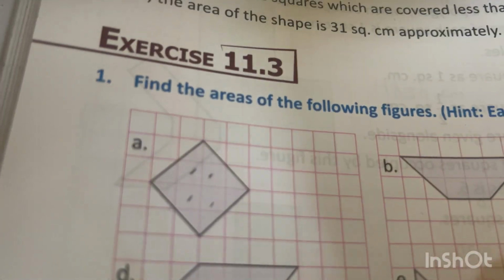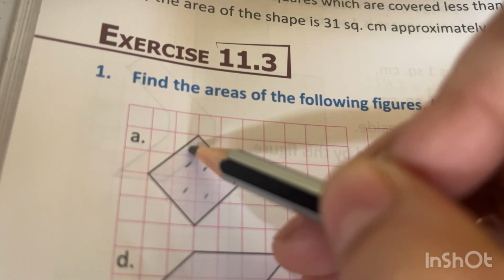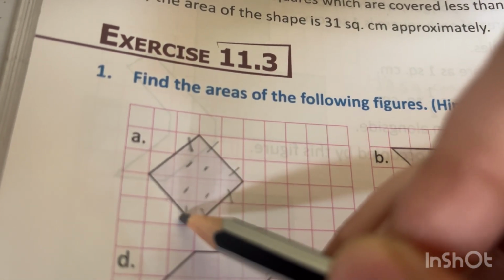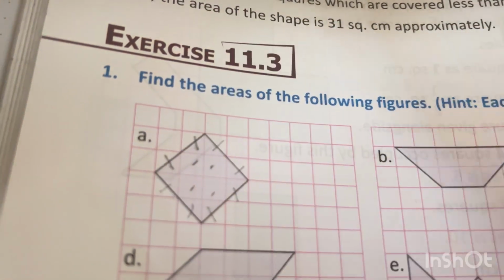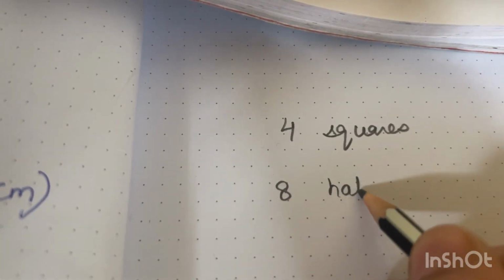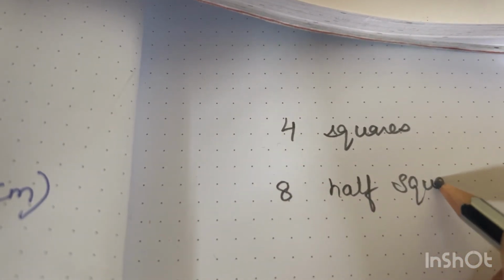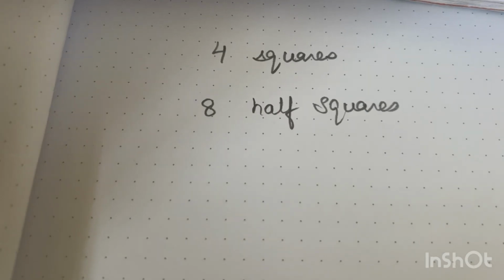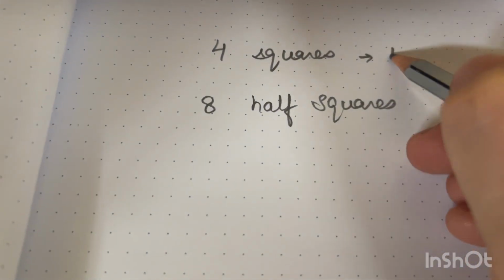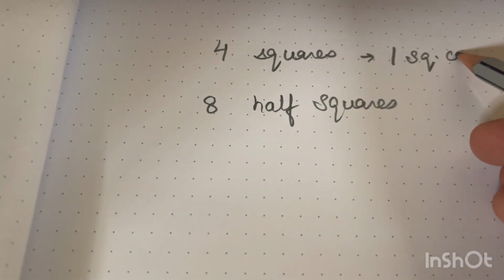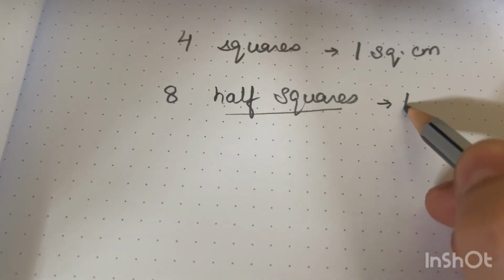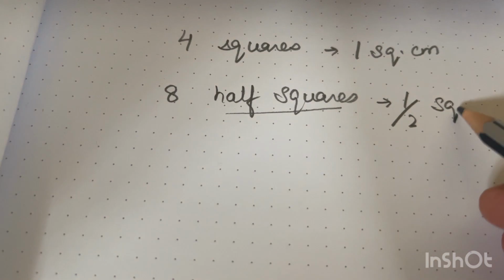Now let us count the number of half squares: 1, 2, 3, 4, 5, 6, 7 and 8. So 8 half squares are there. Now consider the area of a full square as 1 square centimeter, and the area of a half square as half a square centimeter.